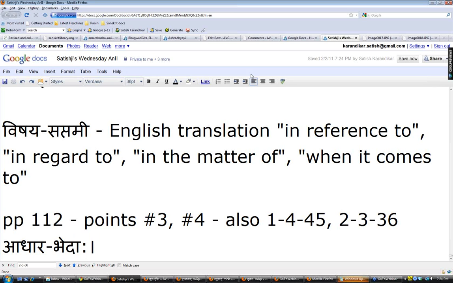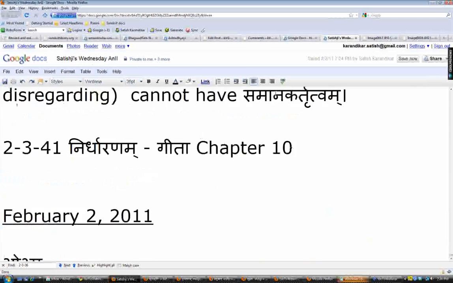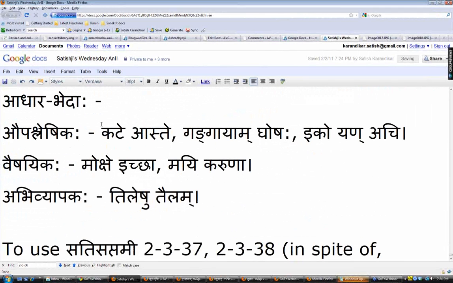Yeah, Kala Desha, if you come back to the last lesson, see, Vishaya is Vaishayikaha, we got this, right? Now, Kala Desha comes under the Aupashleshikaha or the Abhivyapakaha. Aupashleshikaha, I think, is generally physically present on that, in that, or close to that.